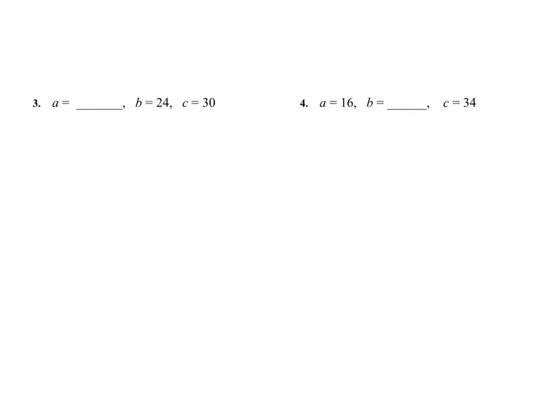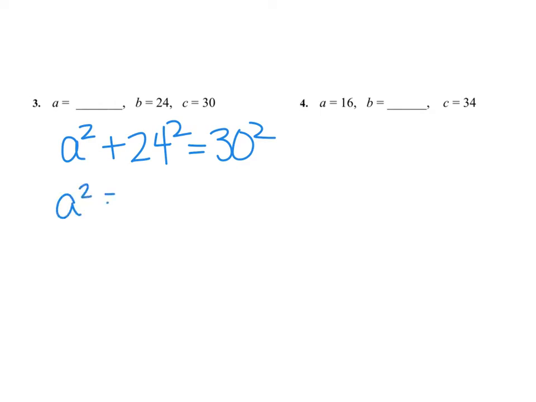All right, so here we have the next one. Now this one, again, you could draw it out if you wanted to. I have the A is missing, so I'll plug it into my formula. I'm going to have my A squared plus my B, which is 24 squared, equal to 30 squared. So again, I'm going to simplify, and you have 576 is equal to 30 squared, which is 900.